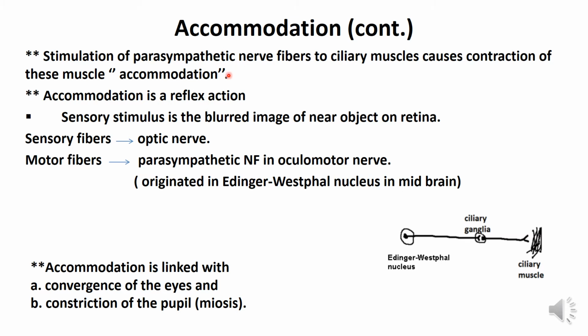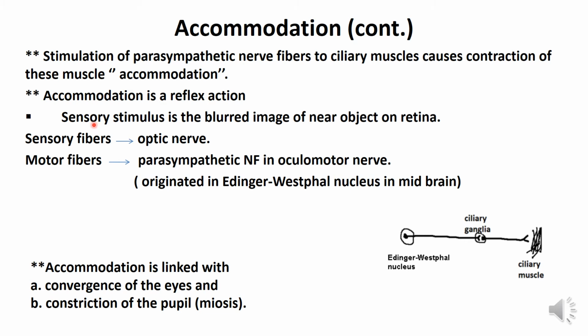It's called the accommodation reflex. And because it is a reflex, we have to think about the circuit of this reflex. We need receptors, sensory fibers, an integrating center, motor fibers, and the effector. So let us see this circuit.